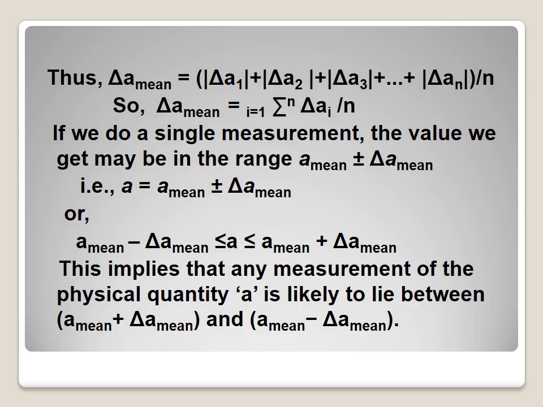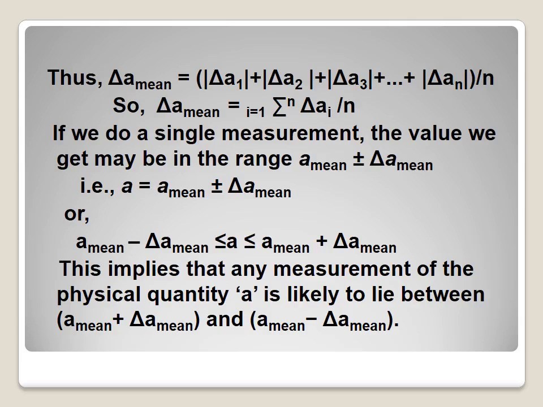That is, the single measured value A is equal to A mean plus or minus delta A mean, or A mean minus delta A mean is less than or equal to A, which is less than or equal to A mean plus delta A mean.